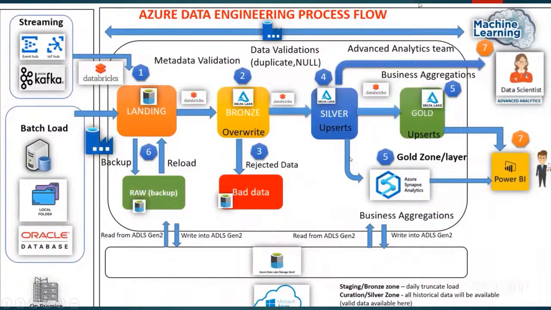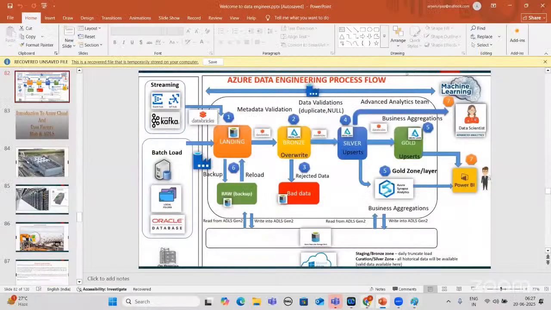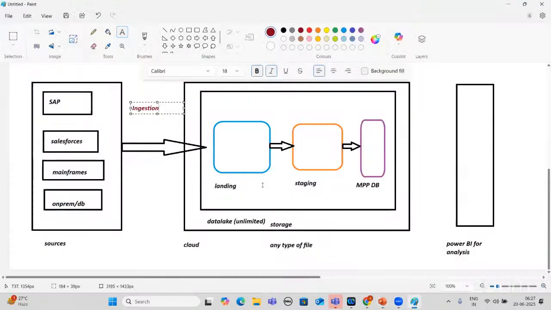From here we are having medallion architecture. In this medallion architecture, we are loading and cleaning everything in the staging, and then we are giving this to Power BI. That's what we need to understand. So here in the landing, if you are considering any files, any kind of file, the files would be given here.